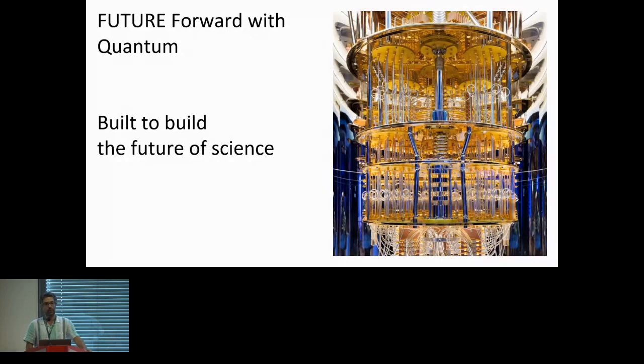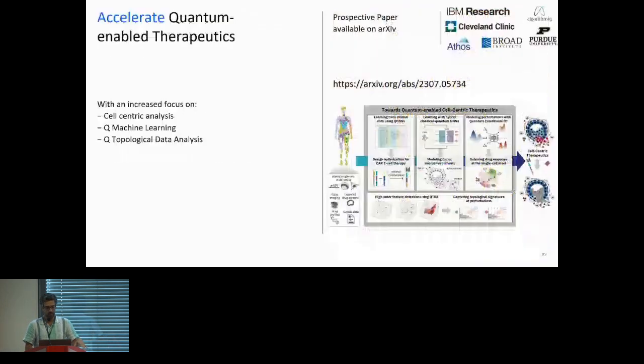And what we now want to do is apply this quantum technology to life science and healthcare. So we tried to focus on a specific aspect. In particular, we were trying to apply quantum technology to single cell data. We decided to use quantum machine learning and quantum topological data analysis on single cells, in a cell-centric view.